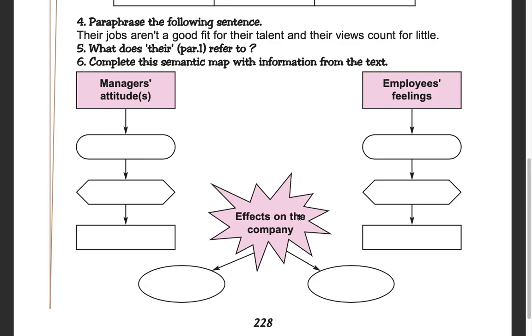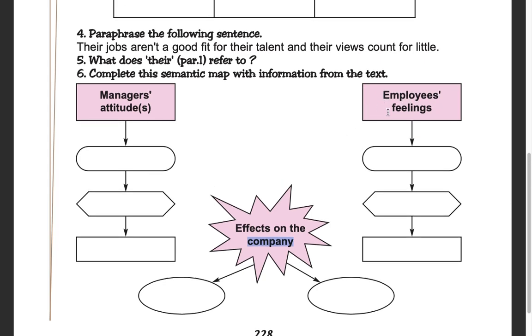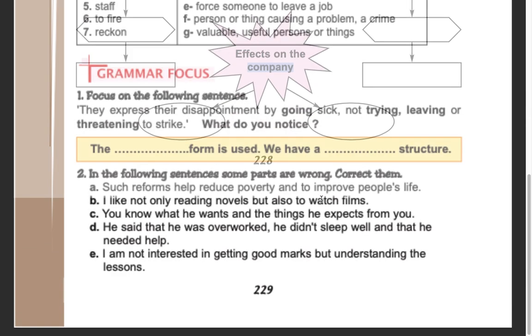Whenever employees do not feel well in their jobs, work will not go very well. So that's how they feel. They feel disrespected. They feel they are not being treated well, and that is not good in any company.